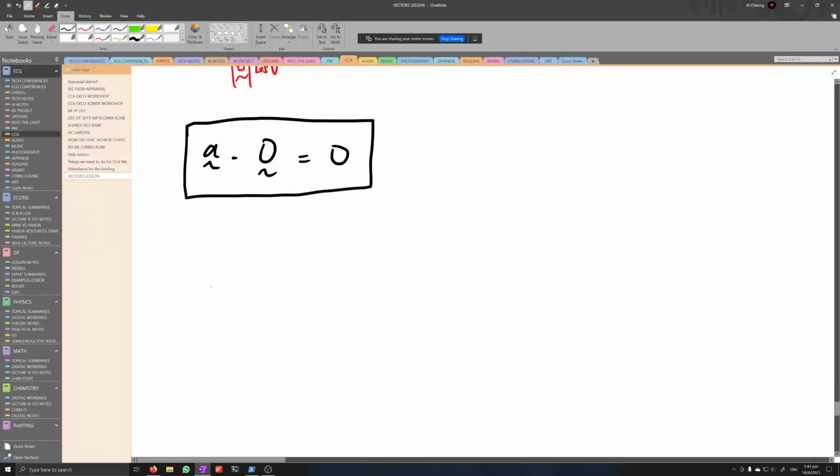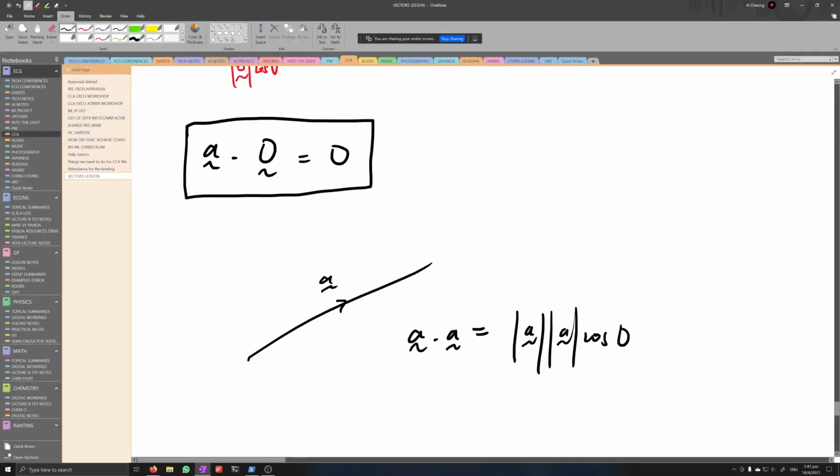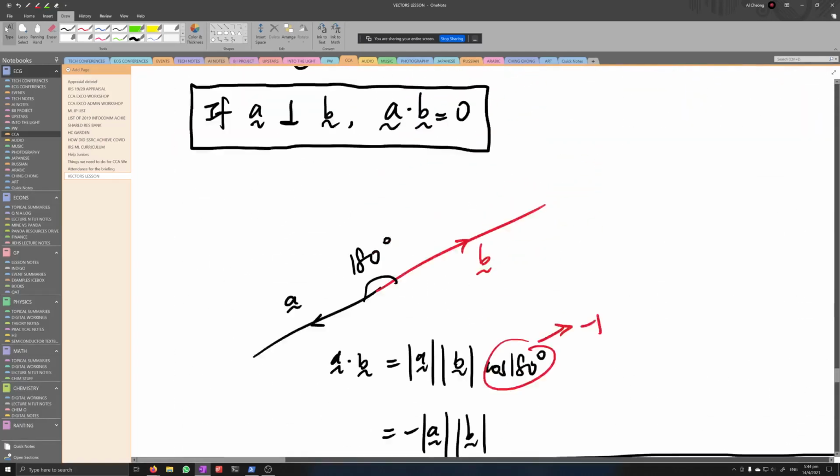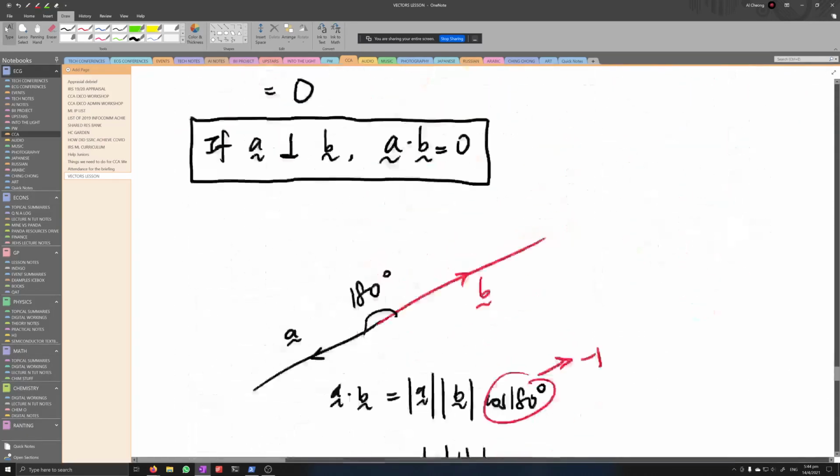Okay, then next one will be A dot A. What happens if you dot a vector on itself? So let's see, you just find A dot A. If we sub in the formula, cosine 0 degrees. Okay, I realized that I've been forgetting to put my degrees. Oh no, I actually put it there.